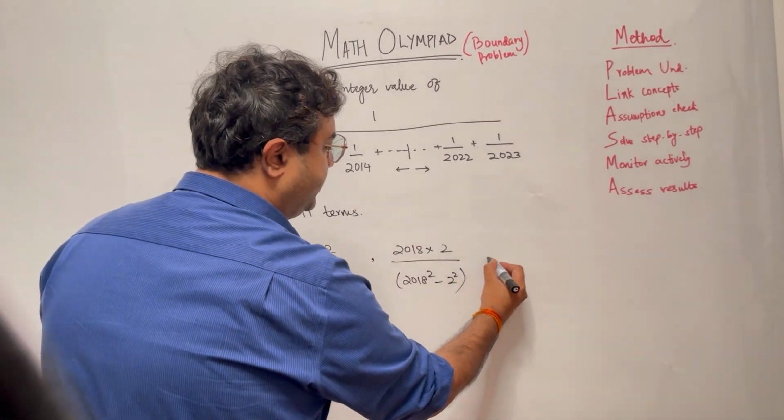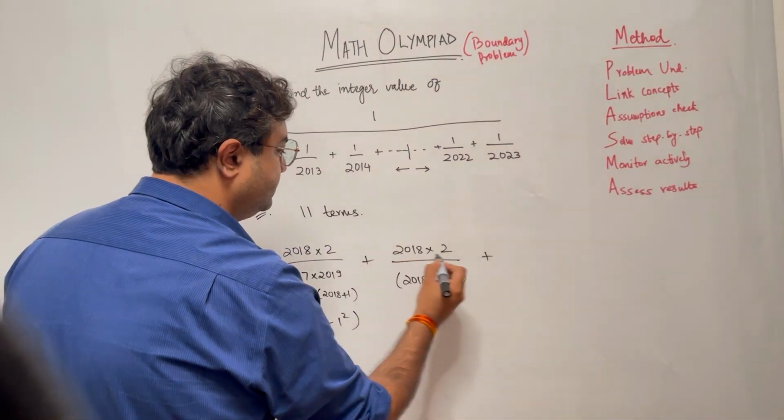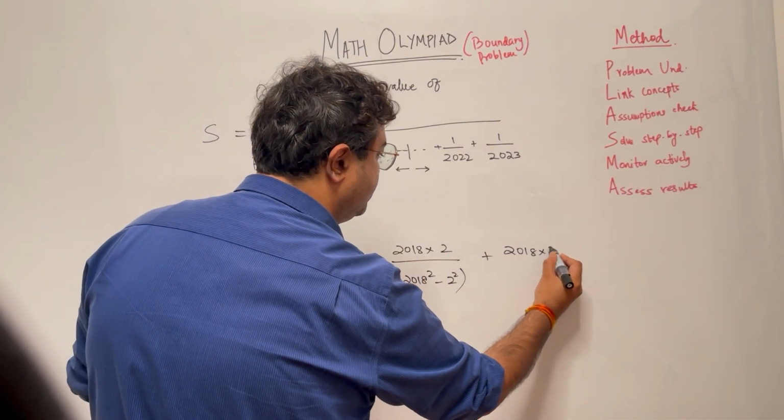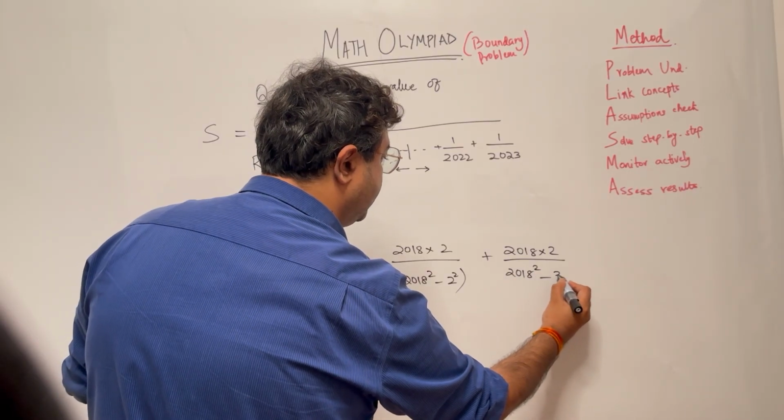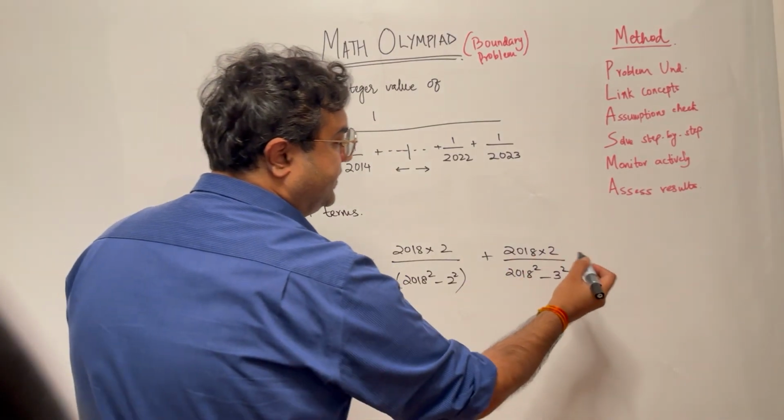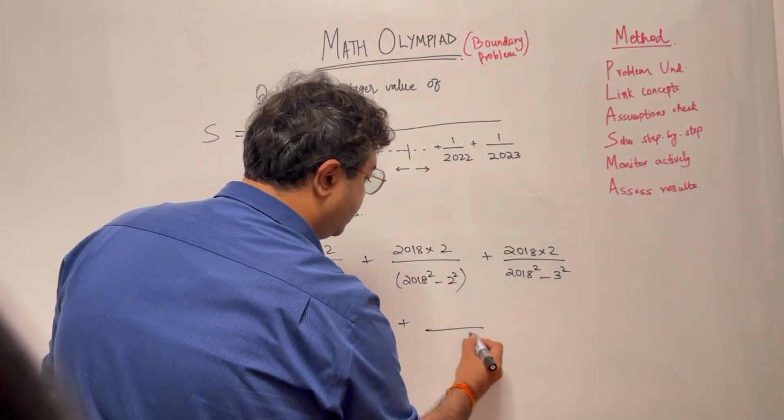So the next will become 2018 into 2 divided by 2018 square minus 3 square. Then the next will become 4 square.